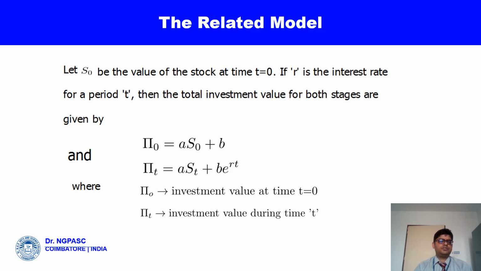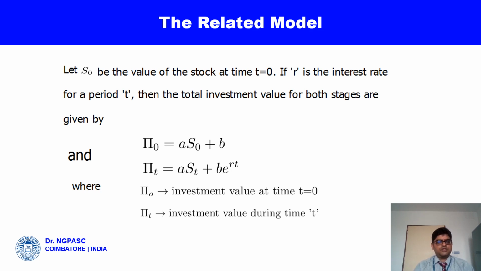So let it consist of a number of shares at time t equal to 0. At that time S₀ is the value of the stock and B is the amount in hand. After some time t, in case of the cash, if it is invested at the risk-free interest rate r, it grows exponentially in the form B·e^(rt).